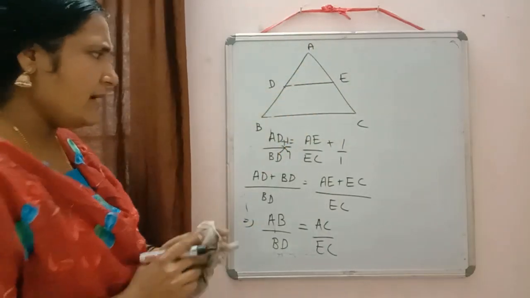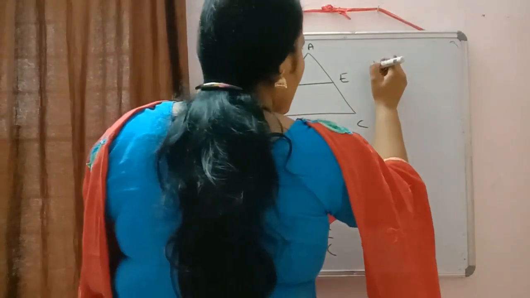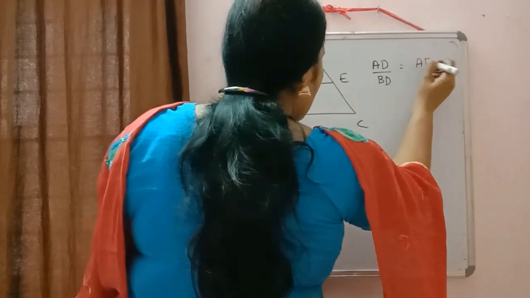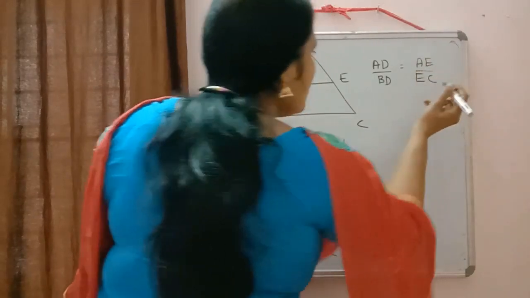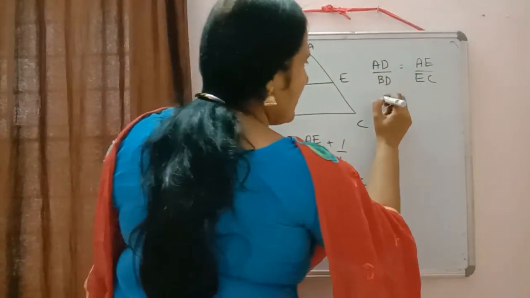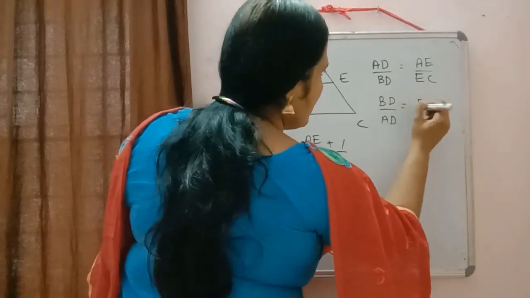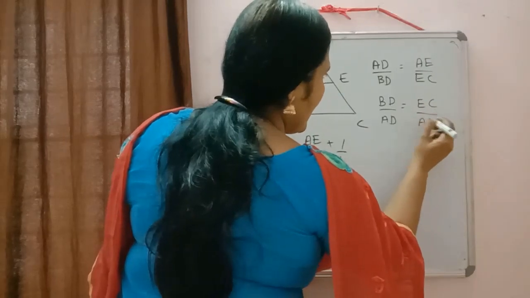So in the same way, we proved AD by BD is equal to AE by EC. Now just take the reciprocal. Then what will happen? BD by AD will be equal to EC by AE.